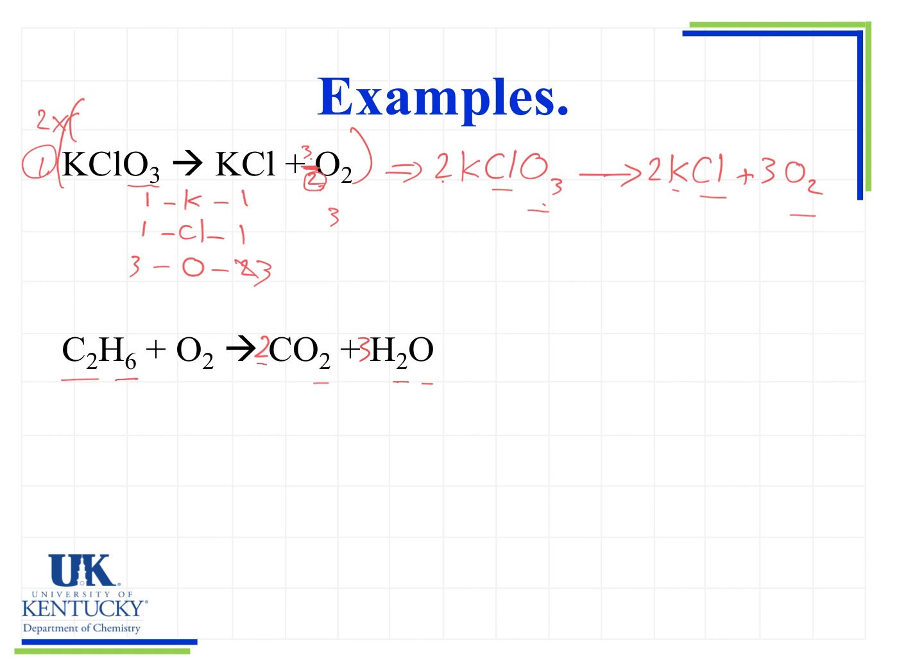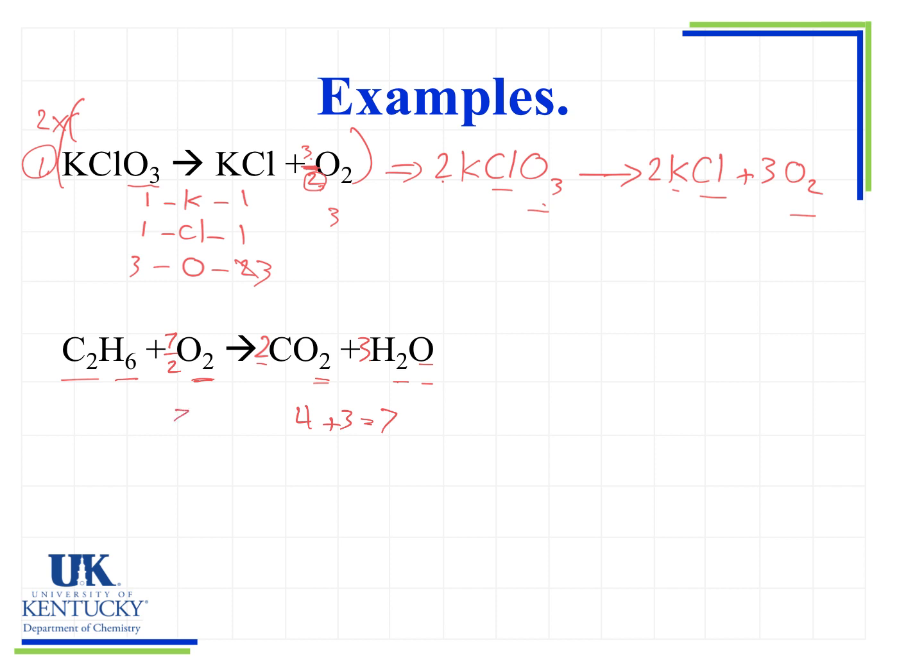I have 2 times 2 makes it 4 oxygen here and 3 oxygen here, so it's 4 plus 3. I have 7 oxygen on the product side. I have 2 oxygen on the reactant side. So in order to balance that, to make it 7, I multiply it by 7 divided by 2.